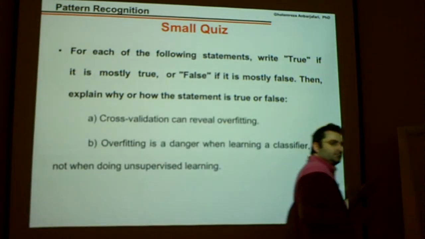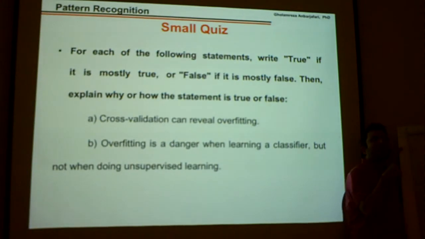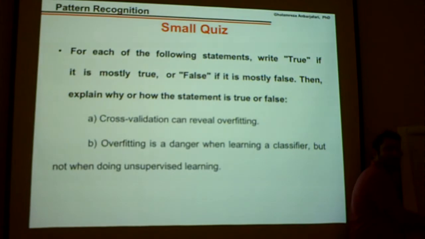Let me repeat my sentence for the third time. Overfitting means that we have data and we try to find an equation or a pattern over the data, right? Now, did I say that it's labeled data? No. Did I say that it is unlabeled data? No. So for any data, I can find a very accurate pattern or equation.